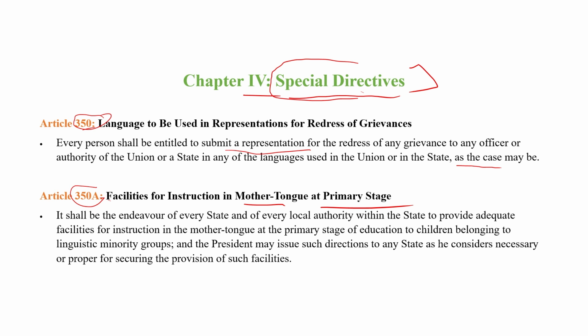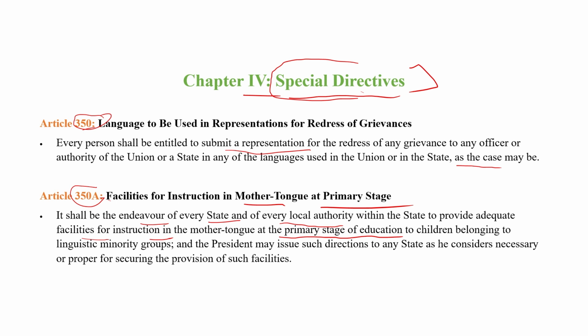Every person should learn education in the mother tongue at the primary level. It shall be the endeavor of every state and every local authority within the state to provide adequate facilities for instruction in the mother tongue at the primary stage of education to children belonging to linguistic minority groups.